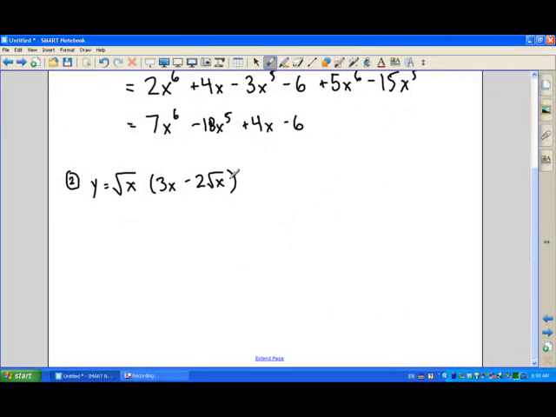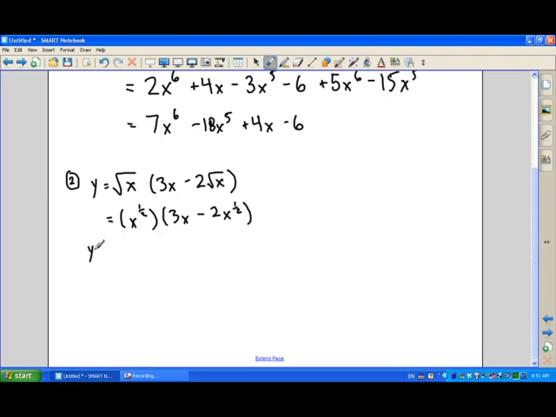And then my last example in this video, one more function. I have the square root of x times 3x minus 2 times the root of x. So again, we'll use the product rule. And simplifying this first, I get x to the 1/2 times 3x minus 2x to the 1/2.